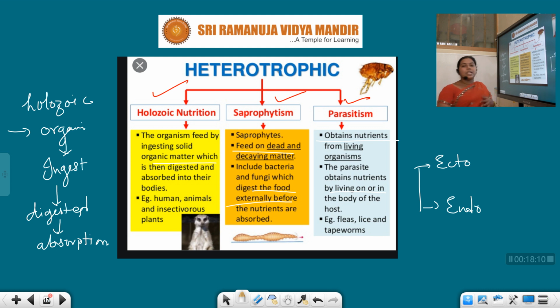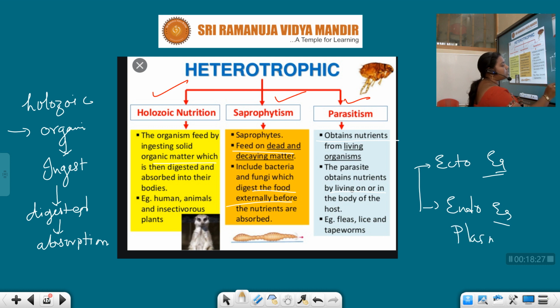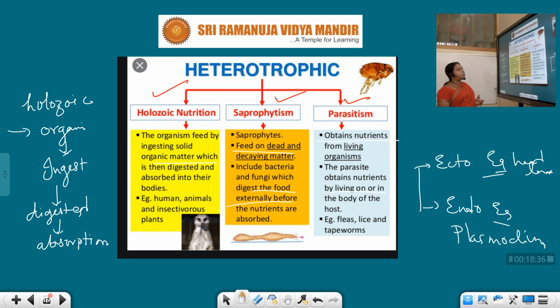Ecto means the parasites live on the outside of the host body, whereas endo means they live inside the host body. Examples, students: head louse is one of the best examples of ectoparasite, and Plasmodium is one of the best examples of endoparasite. Okay, these are the different kinds of heterotrophic mode of nutrition, children.